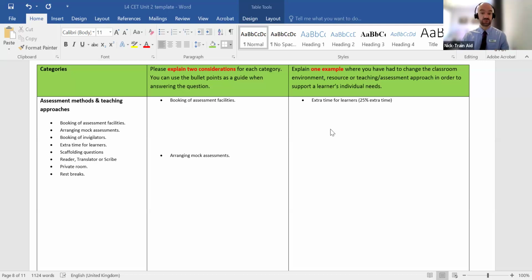It could be, for example, 25% extra time, or arranging an assessment date or time which is more compatible with the learner's individual needs as well. So again, we're looking for a paragraph here, and here as well. So think about your previous experiences, or you can come up with an example of where you might need to adapt your assessments in the future as well.